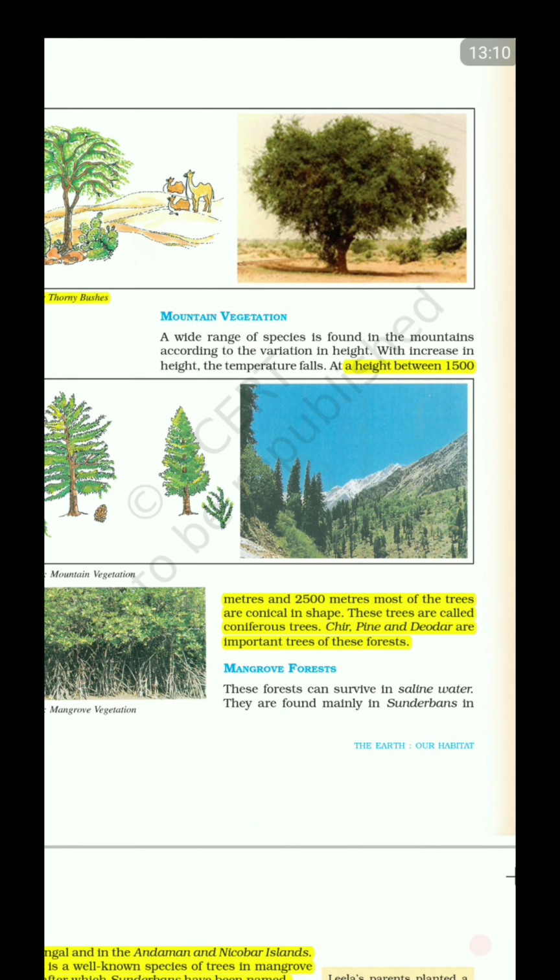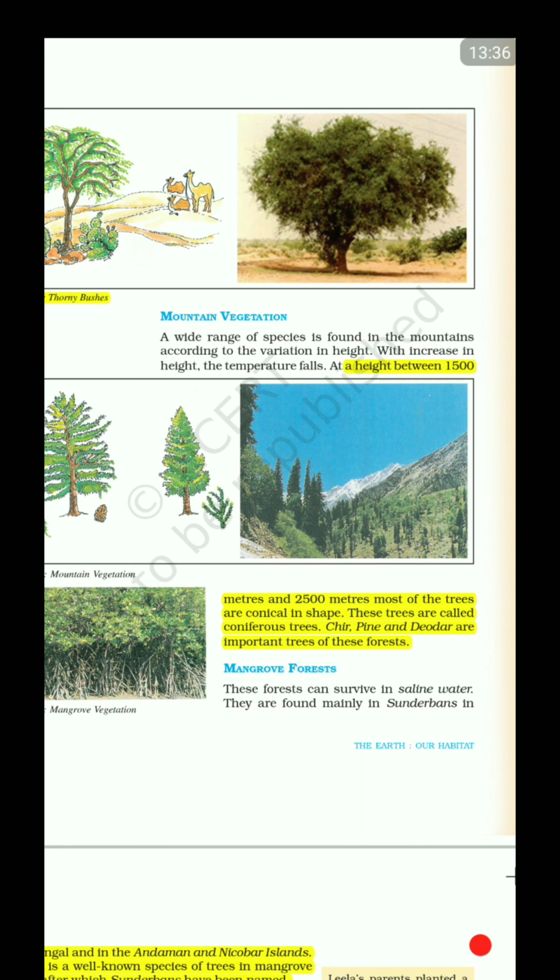Very importantly, it is a great fact to know that from 1500 to 2500 meters, all the trees have a canopy, because at this height you have snowfall, and to prevent the trees from the freezing snow, we have canopy. Very important, very interesting.